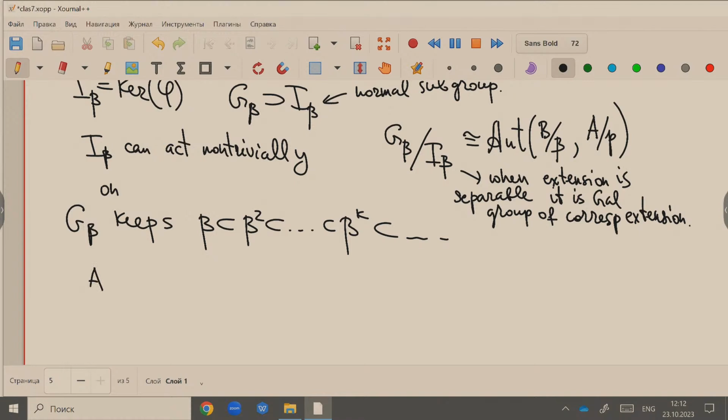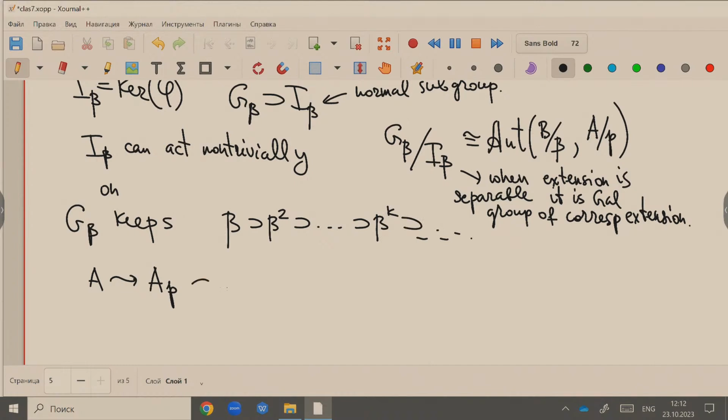Keeping A, you can first localize it, and then when you are speaking about beta, you can localize B at beta. Now the part of the Galois group that keeps track of this object is of course the decomposition group.